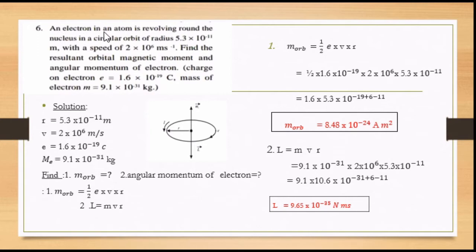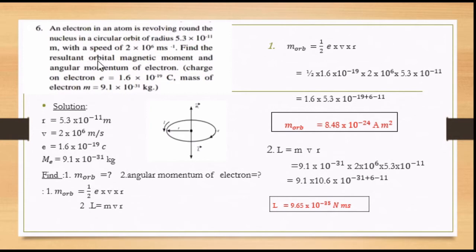An electron in an atom is revolving around the nucleus in a circular orbit of radius 5.3 × 10^-11 meter with a speed of 2 × 10^6 meter per second.